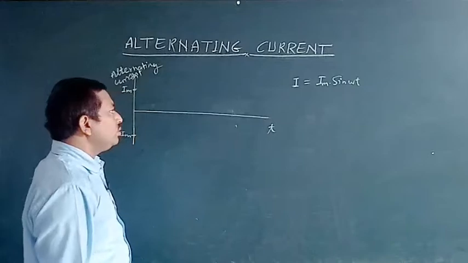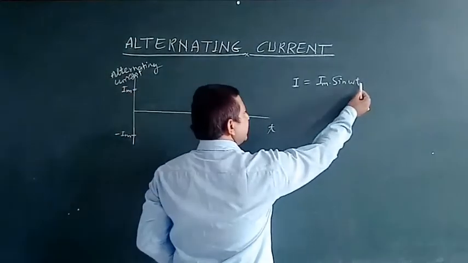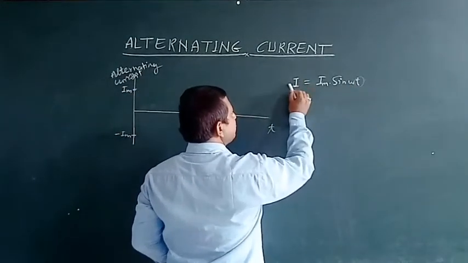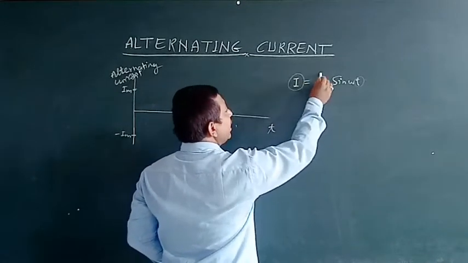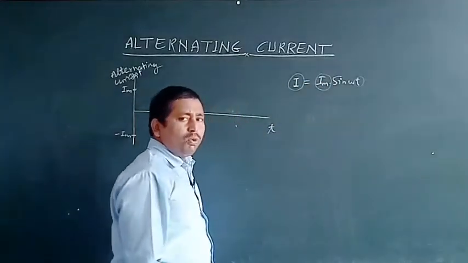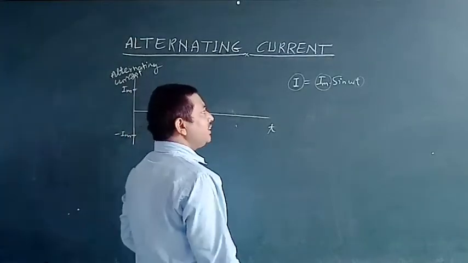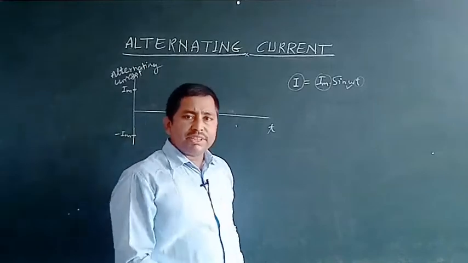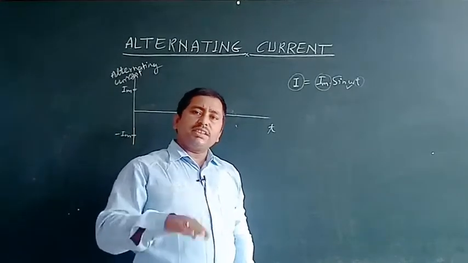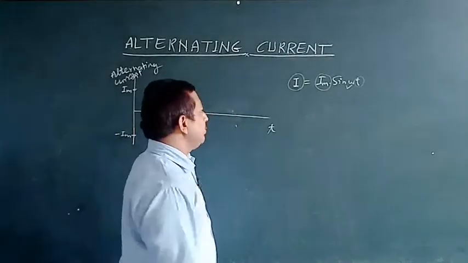Where t is the instantaneous time at which the value of the alternating current is I, and Im is the maximum value of the alternating current, and here omega is the angular frequency of alternating current by which the alternating current changes its polarity with respect to time.